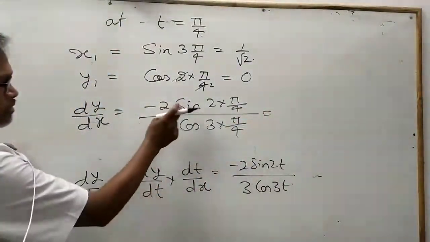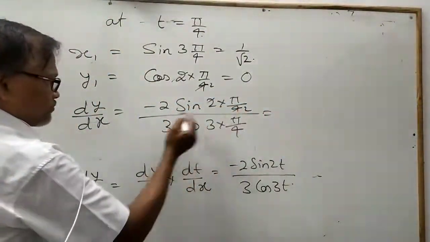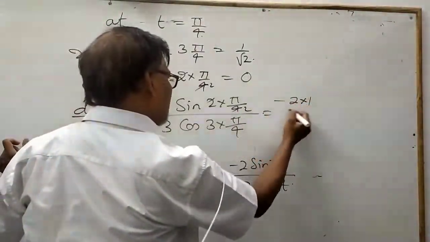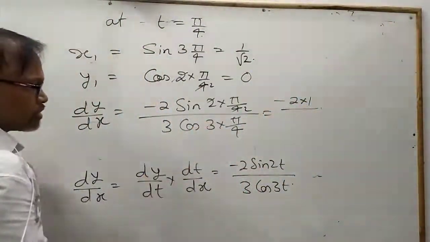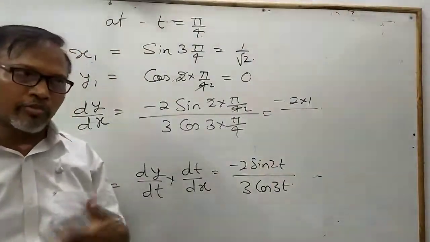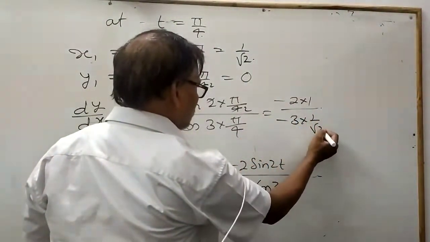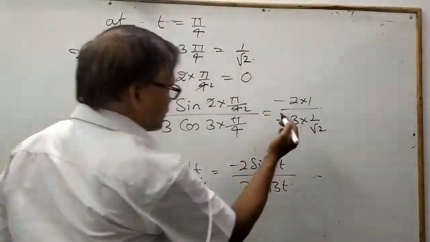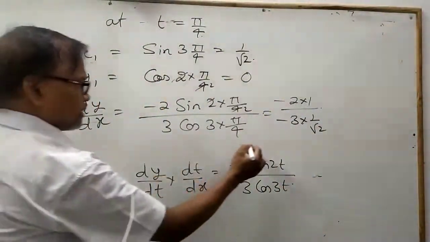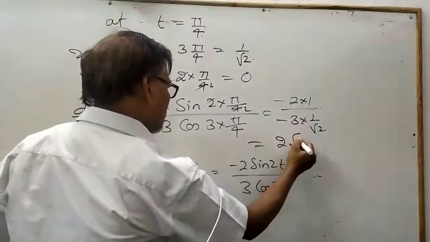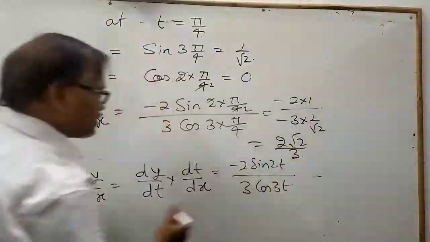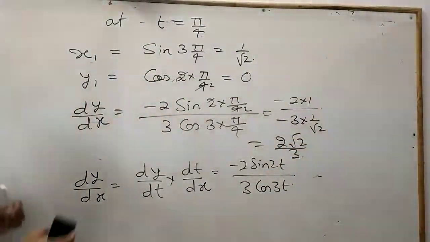Do you know the value of sine pi by 2? That is 1. So minus 2 into 1 divided by cos 135, 90 plus 45, minus 3 into 1 by root 2. So this will come to 2 root 2 by 3. This is the value of dy by dx.